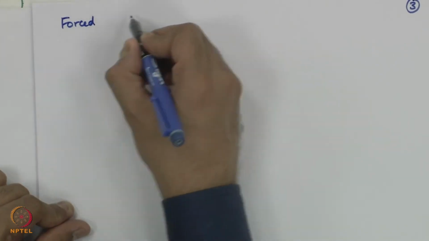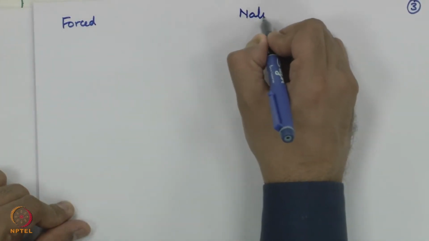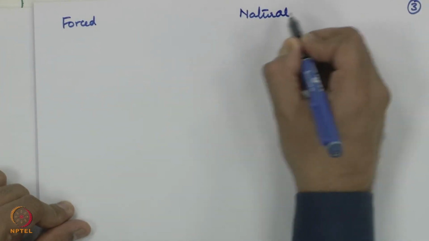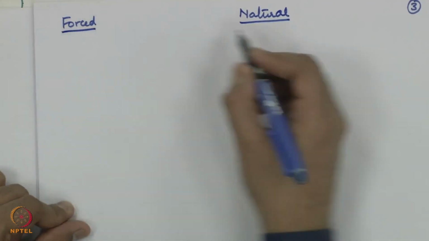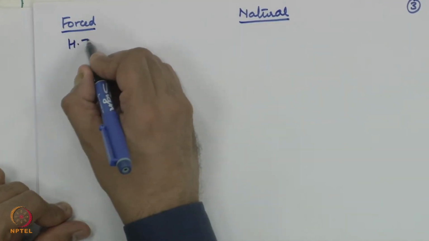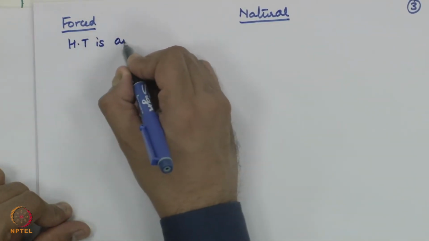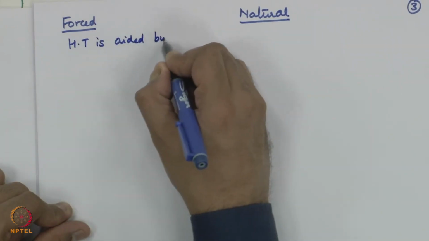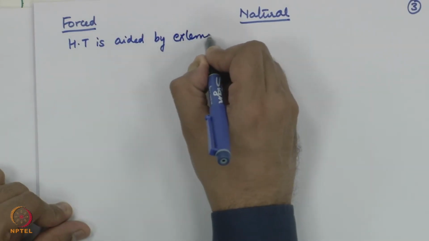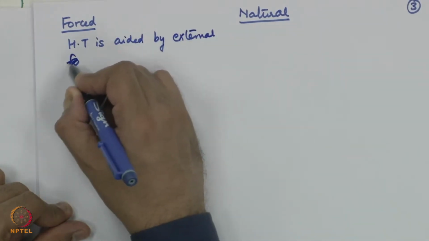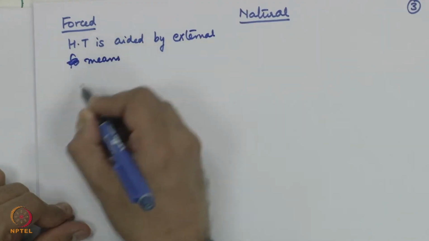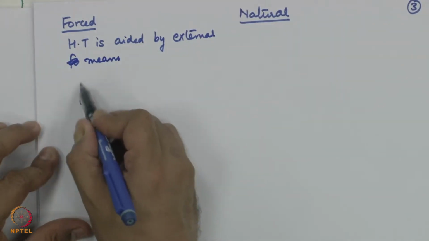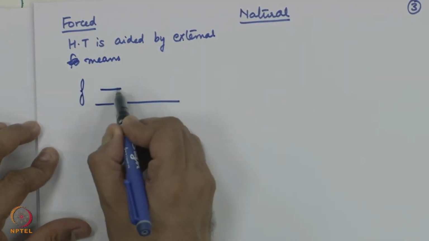So, that is forced convection versus natural convection. Forced convection refers to the situation where the heat transfer is aided by external means. So, you have a fan or a blower which is blowing the air and the flow is made to occur.